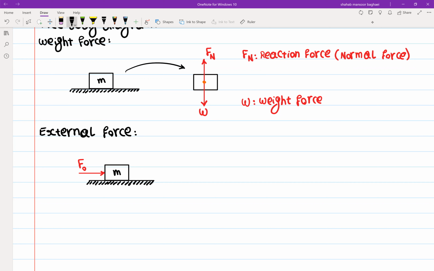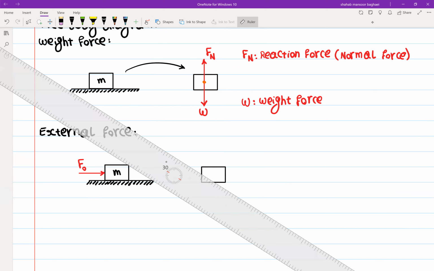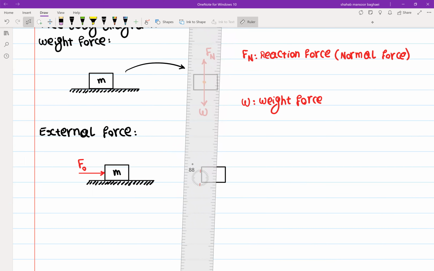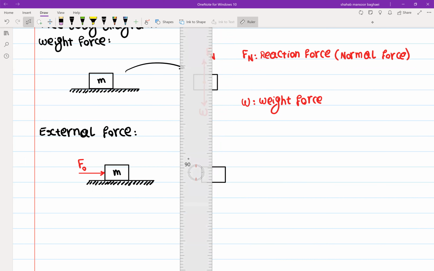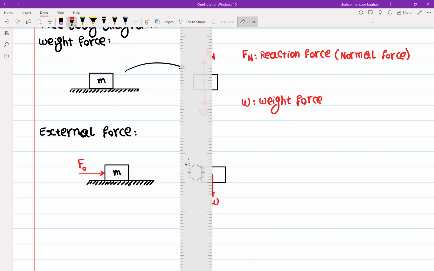Okay, let's do it. Separate the block, because I want to focus on the free body diagram. This is your block. The first one, you always have weight force, and it is downward. Let's plot it. And of course, it is W. What is next? Of course, you have a surface, and you should have a reaction from the surface on the block. It is upward. Add it.